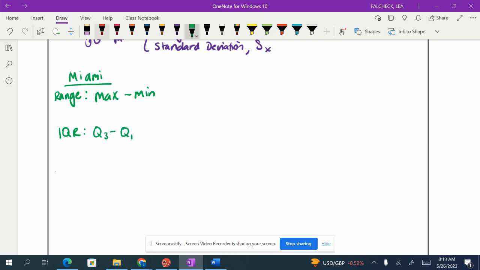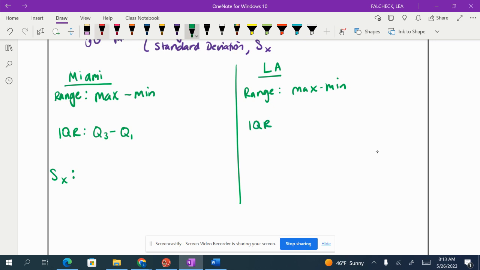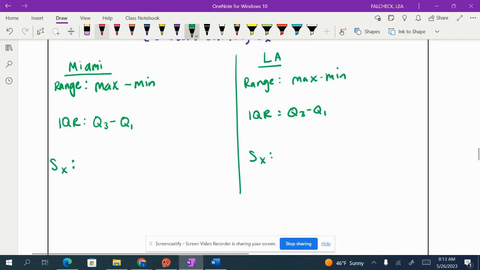And then we are going to need to find the standard deviation of the data, and your calculator will totally give you that. Then we're going to find that for LA in the calculator, compare the two, see which city has the lower numbers of each one of these things, and then make our decision for which one has the least variability in temperature.